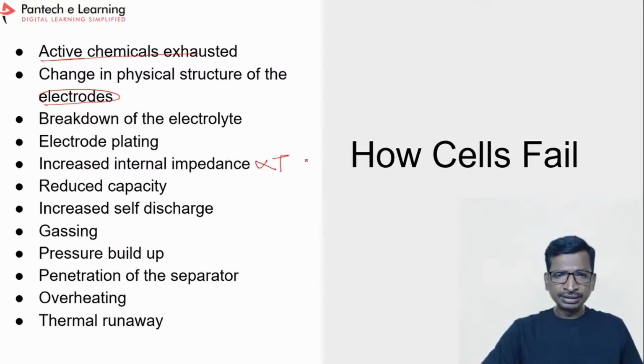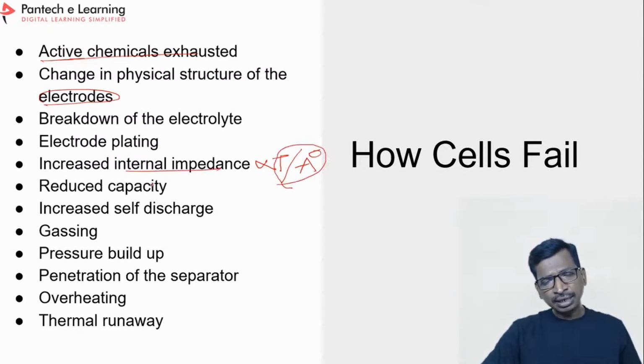It may be the internal cell temperature as well as the ambient temperature. Due to these variations, the internal impedance may vary. So we have to maintain a constant temperature. That also leads to cell failure and reduced capacity. Over the period, the capacity of the cell will get damaged.